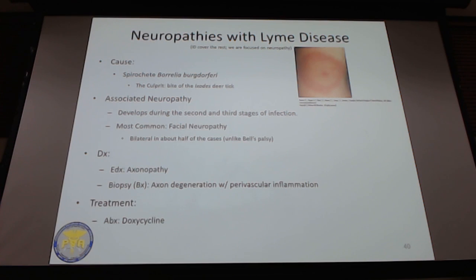So the associated neuropathy, in the second or third stage of the infection, you can get a facial neuropathy, right? Usually bilateral in about half the cases, unlike Bell's palsy. A patient comes in and they're like, I have Bell's palsy, but it looks like it's both sides. You're like, I don't know what this is. Just consider Lyme in your differential. I don't think you would do an EMG or biopsy right away.